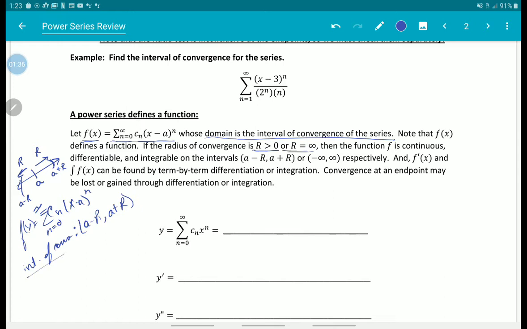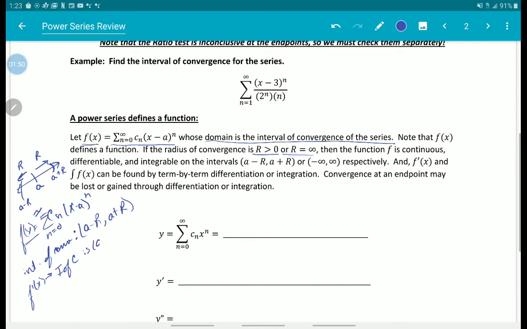So if this is true for f of x, then if we were to take the first derivative, the interval of convergence is actually going to be the same thing. It's going to have that same interval, a minus r to a plus r.